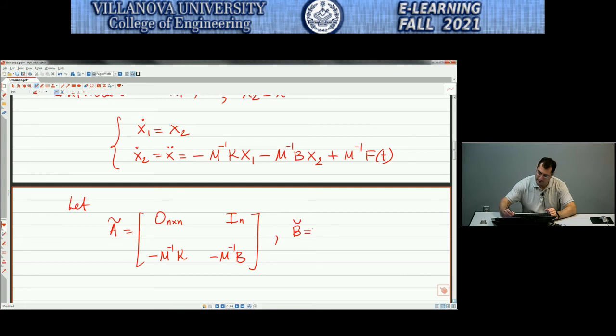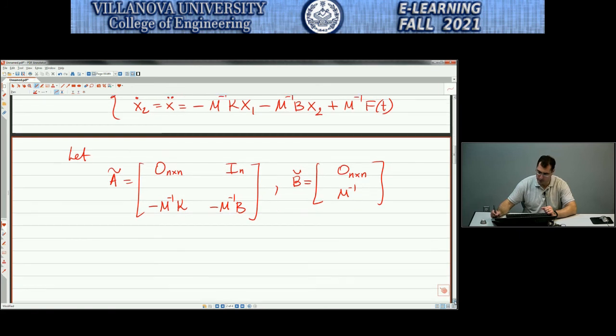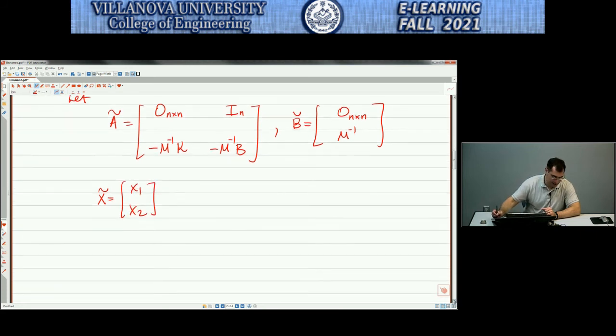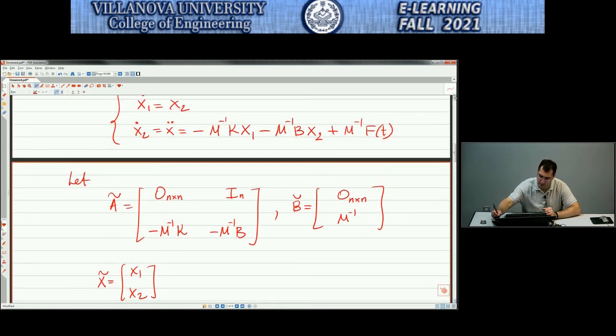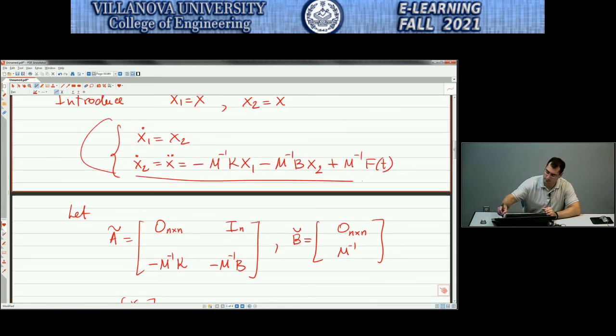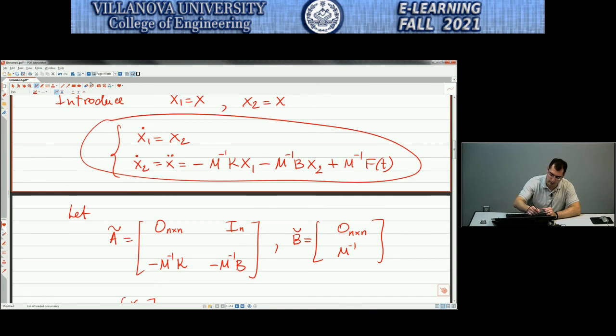My B tilde matrix is a matrix of zeros, n by n, and M inverse. Okay, and I'm going to introduce my generalized state, x tilde, which is x1, x2. In that case, I can rewrite this system of equations, this one, as follows.